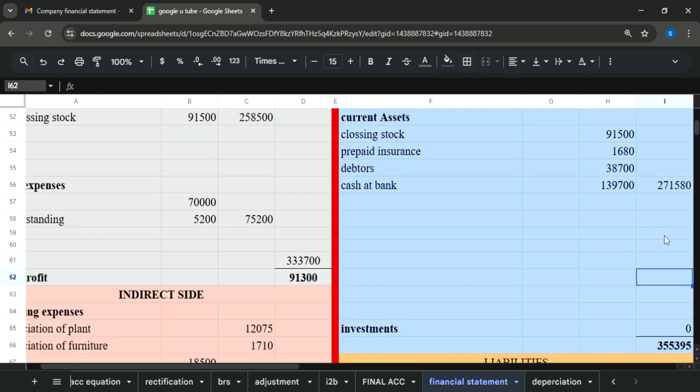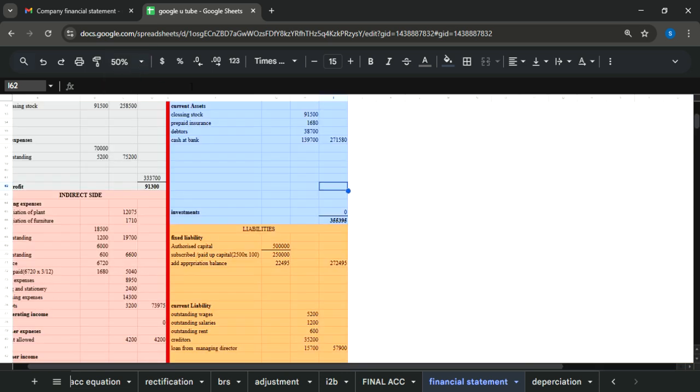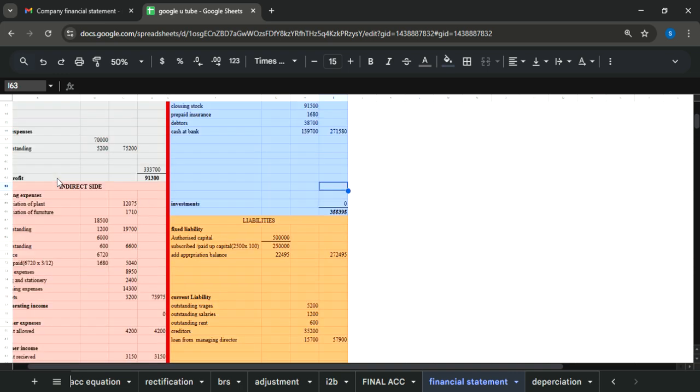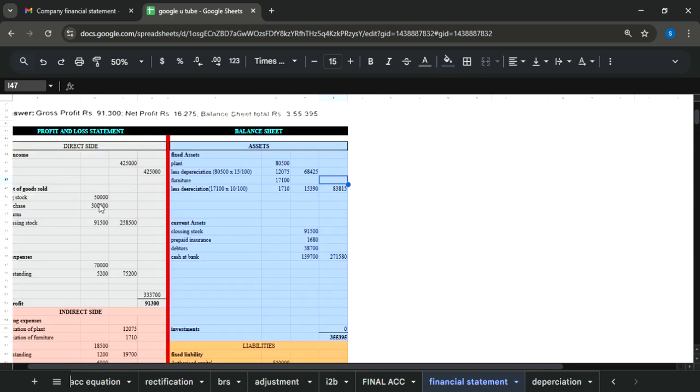I will let you know how much work we have done. Look here. There were 5 sides: 1, 2, 3, 4 and this 5. First we calculated our gross profit on the direct side.